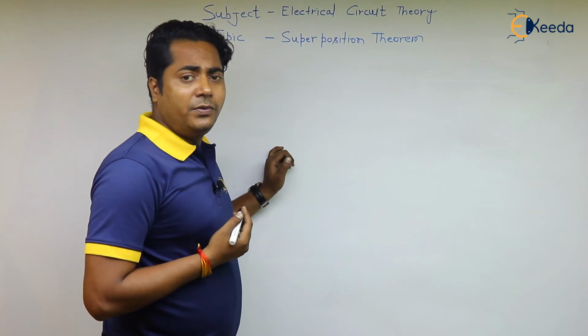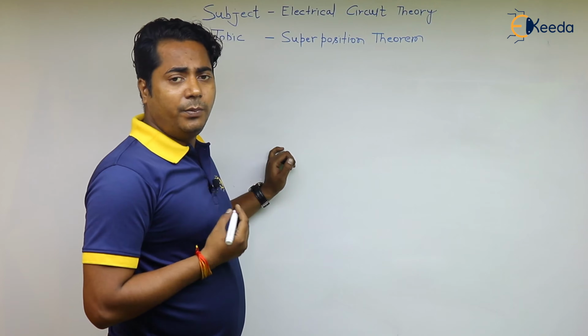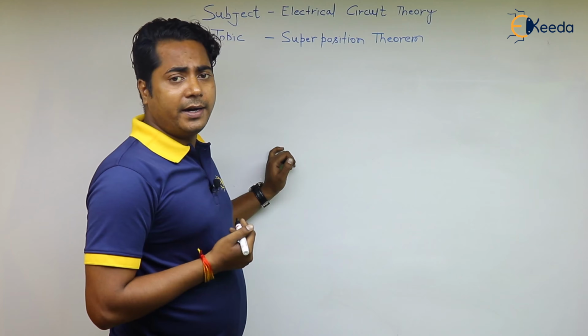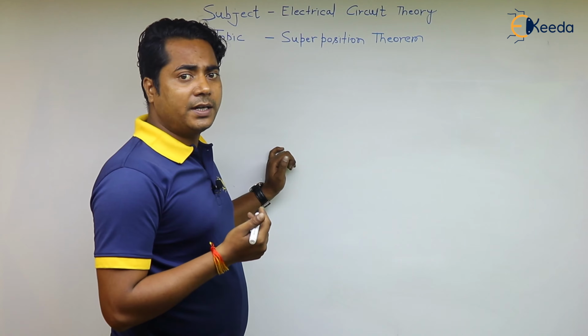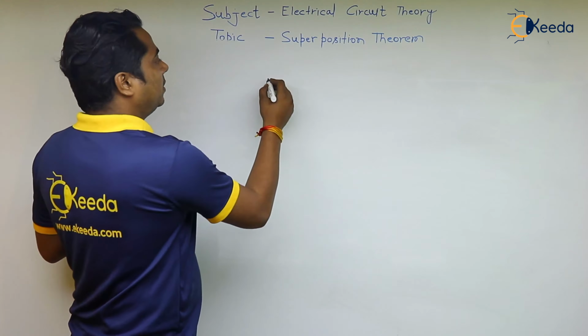Let us assume we have one circuit in which both independent and dependent sources are present. Then how many sub-circuits do we have to design?